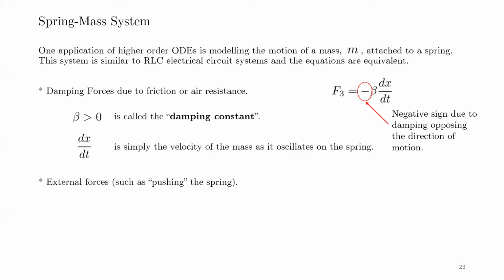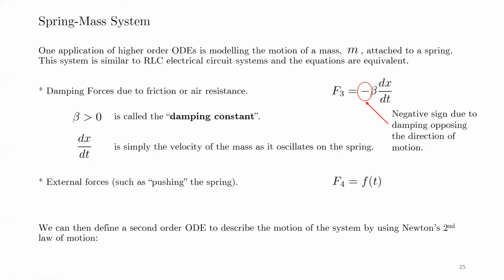Every time it gets extended, you could just give it a little tap upwards as well. So you can have external forces on a system like this. And so we're just going to call that force F4, or just some function f of t, because this can be anything we decide it's going to be. But at the moment, this is just some general function, some general force that we can apply to the spring.